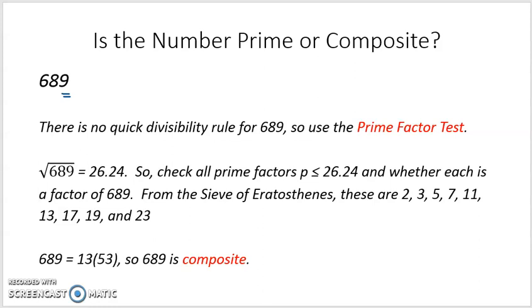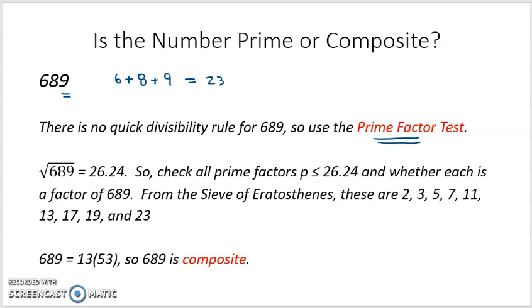If I add up the digits, 6 plus 8 plus 9, that equals 23. 23 is not divisible by 3, it's not divisible by 9, so 3 and 9 are not factors of 689. There might be others, but there are other divisibility rules that I don't necessarily know. So there's no quick divisibility rule for 689, so we're going to use the prime factor test.